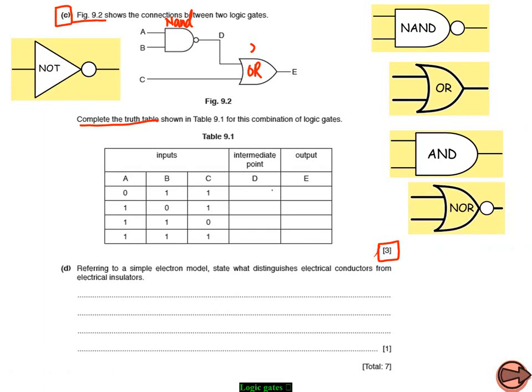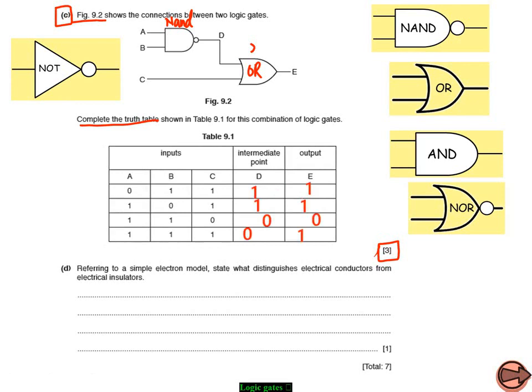First of all, when input A for the NAND gate is equal to 0 and input B is equal to 1, we need to understand what the output is. This is a NAND gate, opposite to an AND gate, so it means this has to be equal to 1.